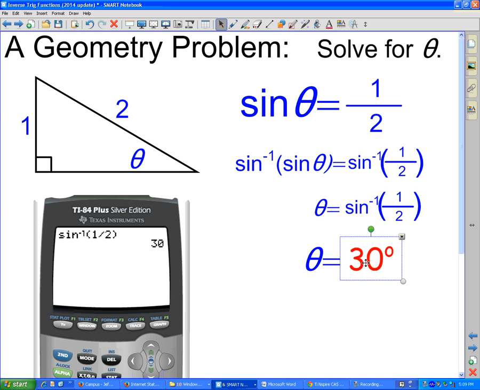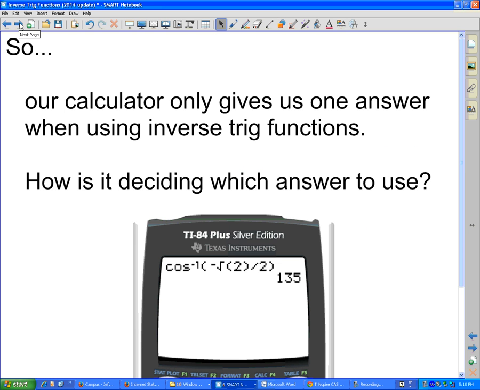Why is this? Well, because hundreds of years ago, mathematicians agreed about the same results we're going to come up with today, and calculators, since they've been in existence, have always been programmed with these agreed upon ranges for inverse trig functions. And so that's what's going on.